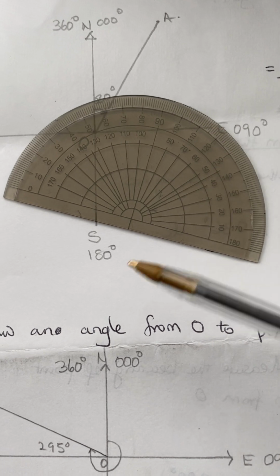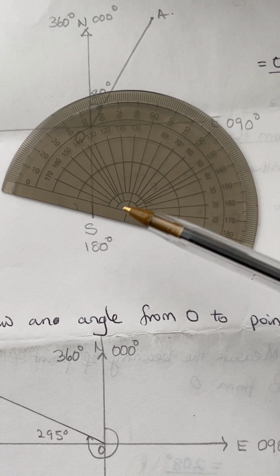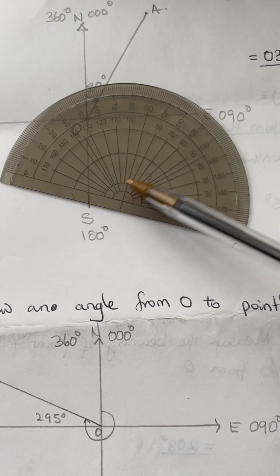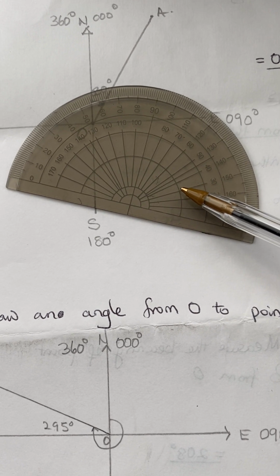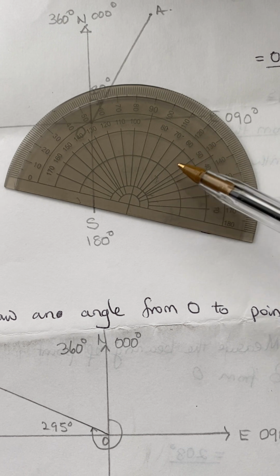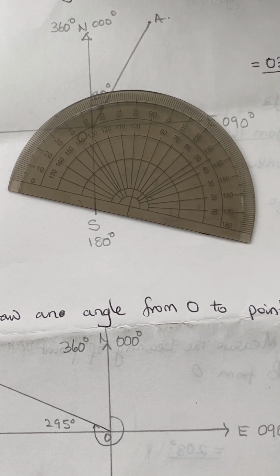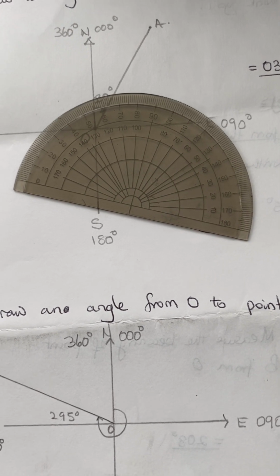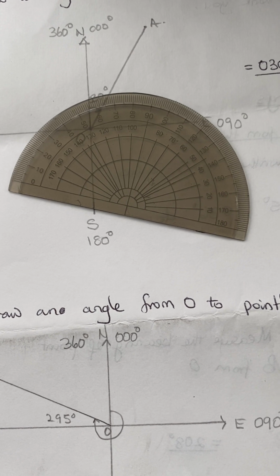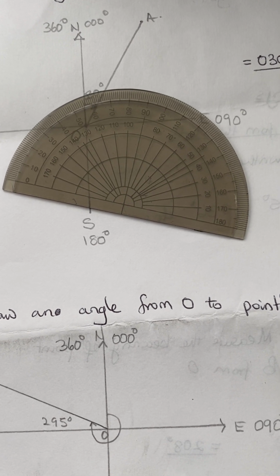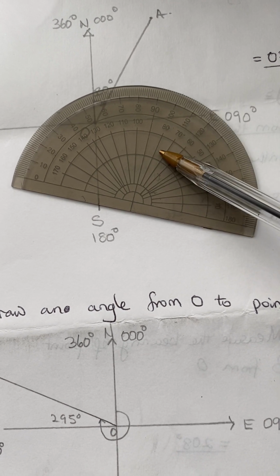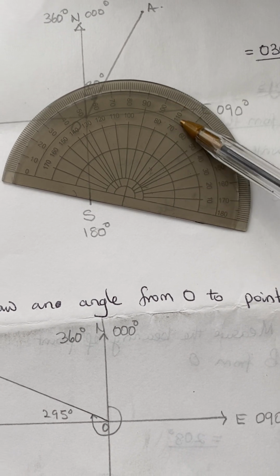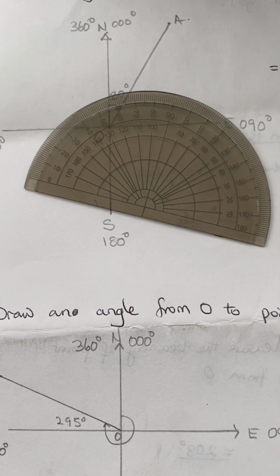You can have the one that has the full circle, which is the 360. But at the moment I have the 180, and I'm going to show you how easy it is to use this protractor to measure.